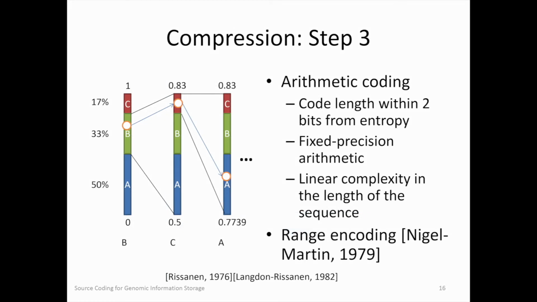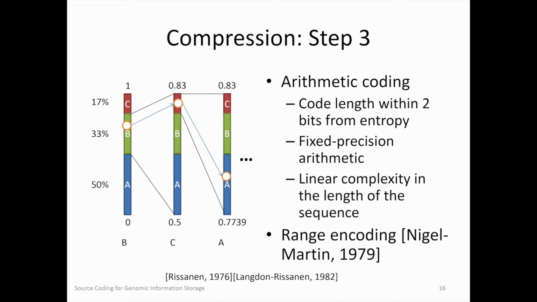Arithmetic code was developed in the 70s, and it basically tries to encode a whole sequence of symbols into a real value between 0 and 1. Please bear with me if you're familiar with this algorithm, and I will explain it with a simple example.